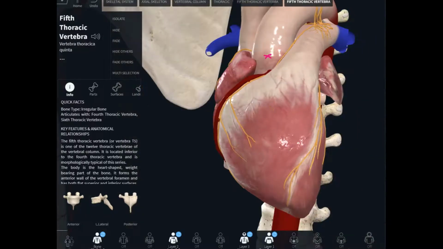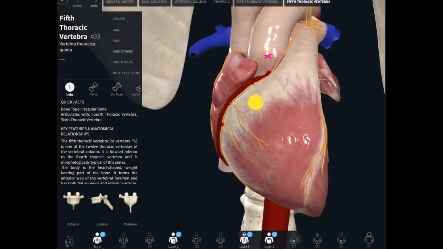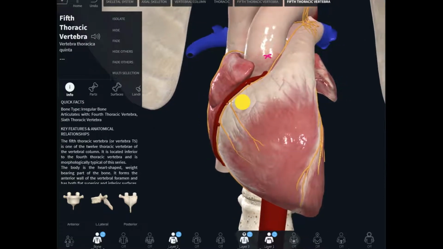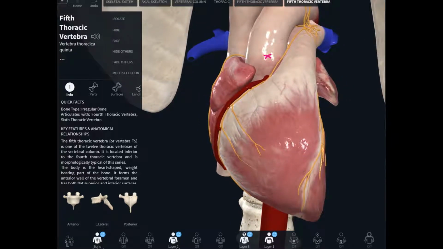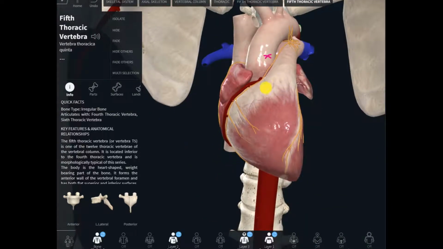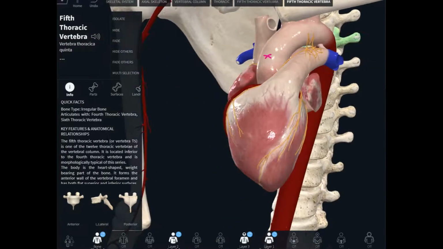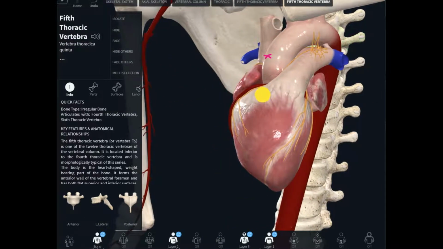So the pulmonary trunk comes off of the pulmonary infundibulum, which is hidden here. It's more visible in the right ventricle, and also of course, internally in the atria we have another structure known as a terminal crest.